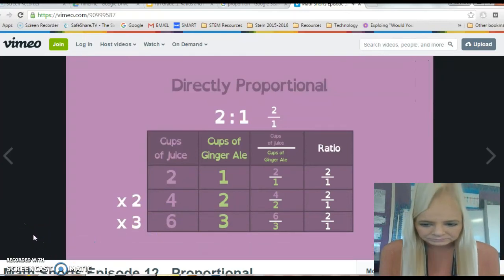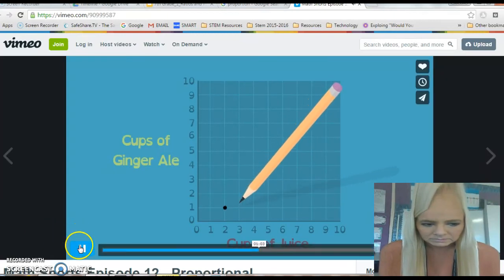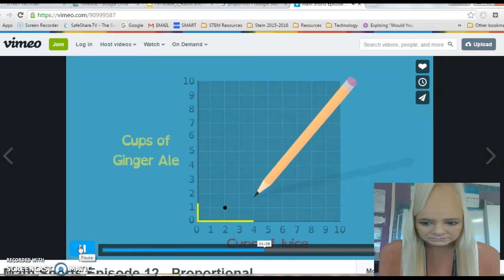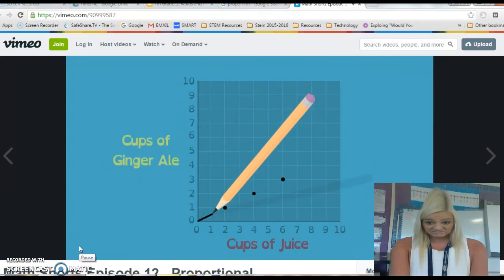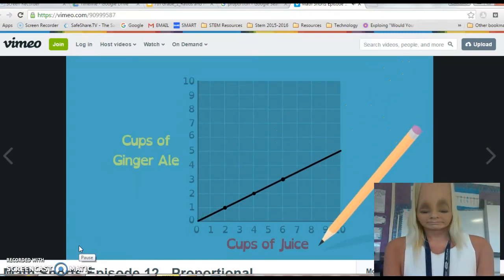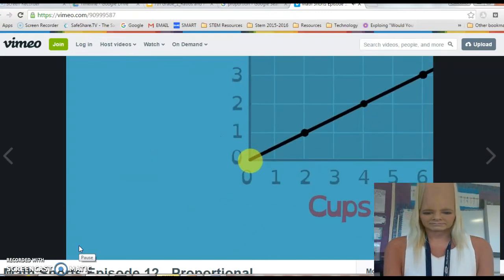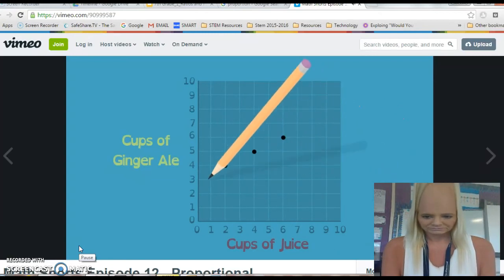Another way to see proportions is with a graph. We can plot 2 cups of juice and 1 cup of ginger ale like this. We can show how Carl doubles and triples the original recipe like this. A straight line through the data points shows a direct proportional relationship, as long as the line goes through the origin. But what happens when the line doesn't begin at the origin? Check out this graph.